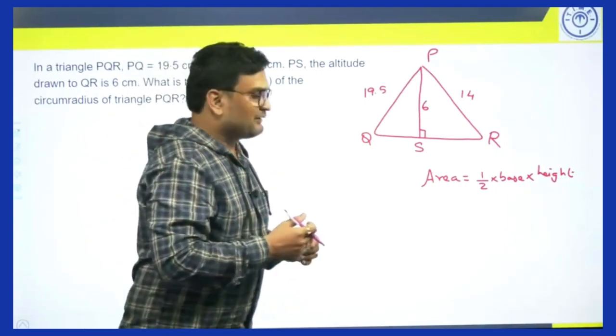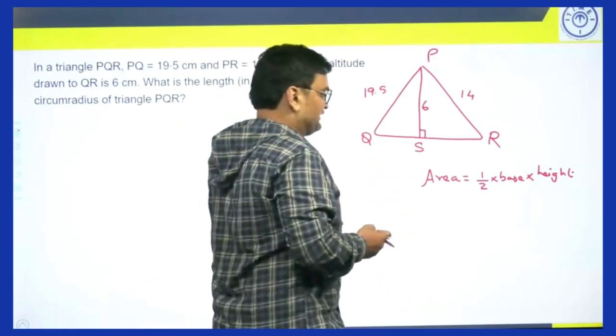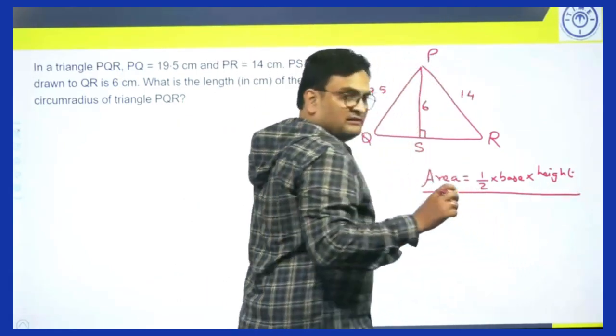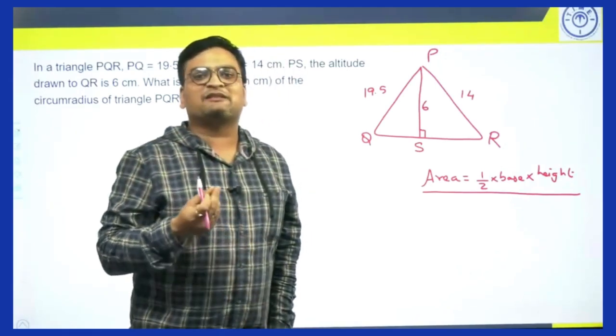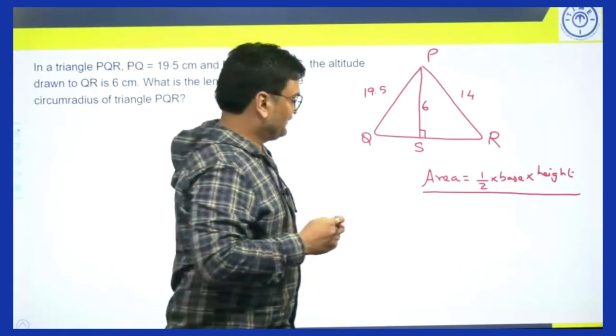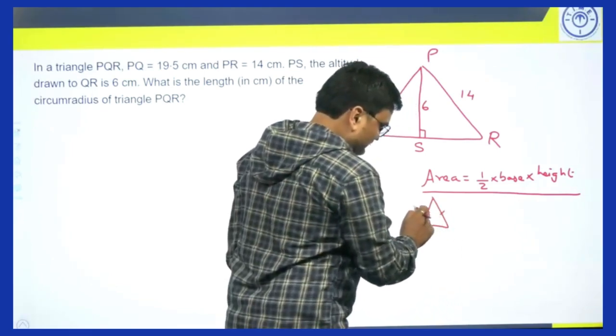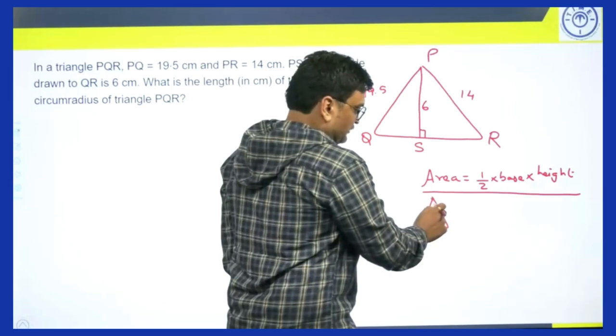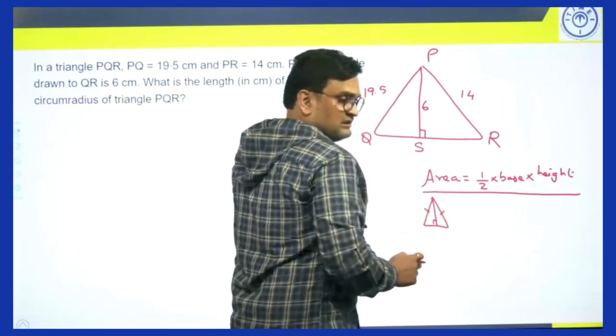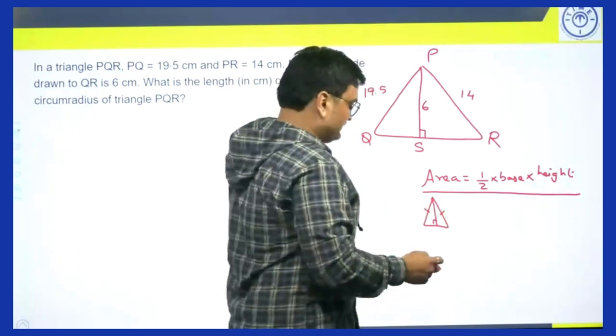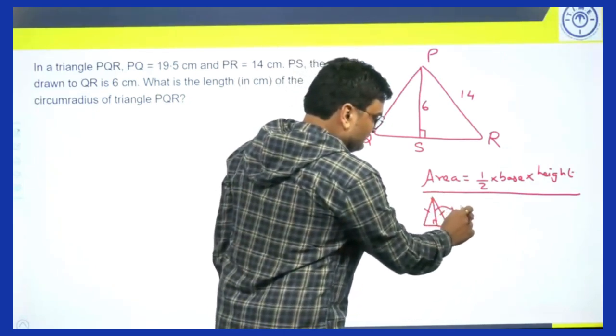Now one more thing that we need to understand about altitude is a particular case for isosceles and equilateral triangles. In case of an isosceles triangle, where two sides are equal like this, if I drop an altitude from here, it will bisect the third side. So here this altitude will also be the median.